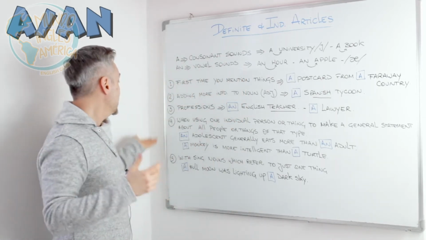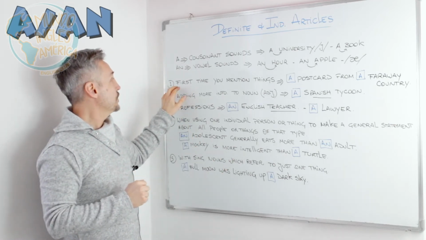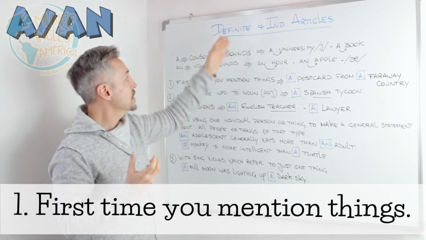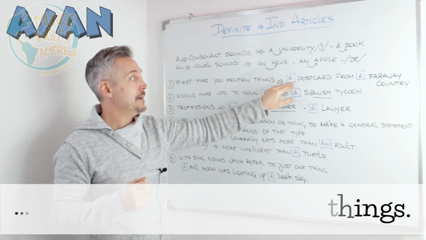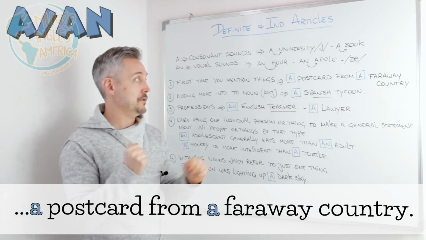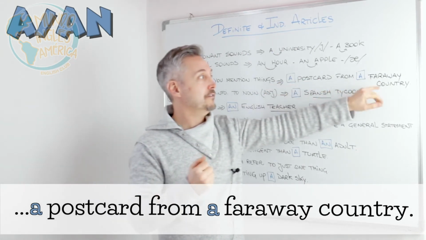Now I listed 5 rules that I want to talk about with you. So the first time you mention something, you need to use the indefinite article a or an. So a postcard from a faraway country, I said in my example. So this is the first time I mentioned the postcard and the faraway country.